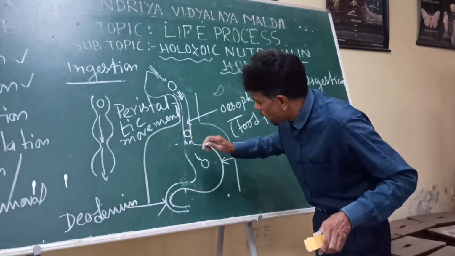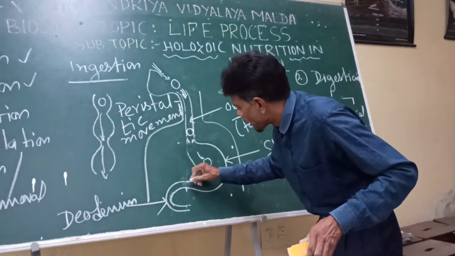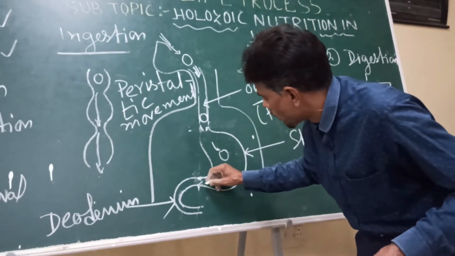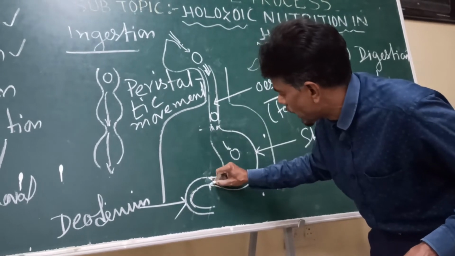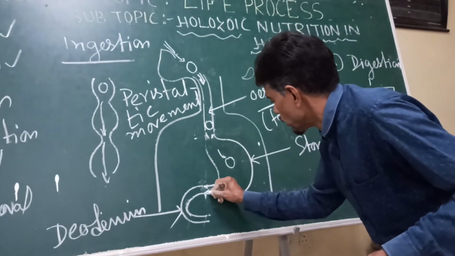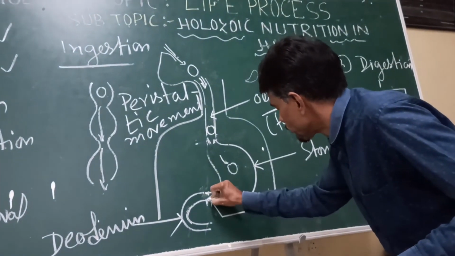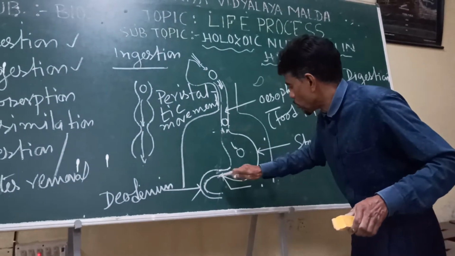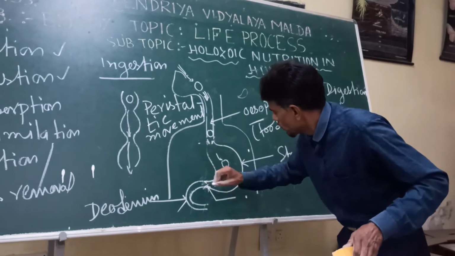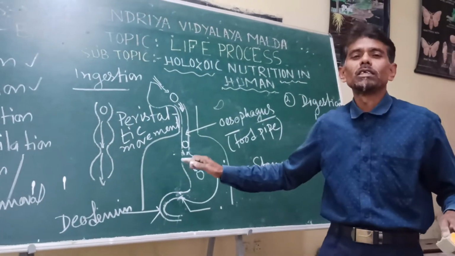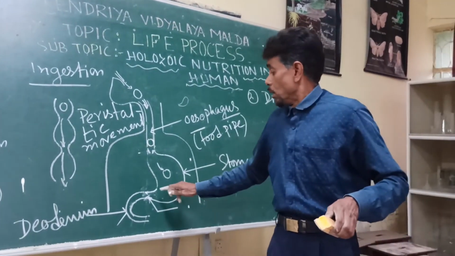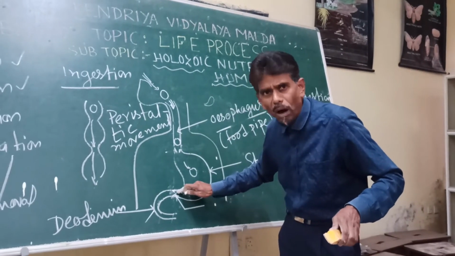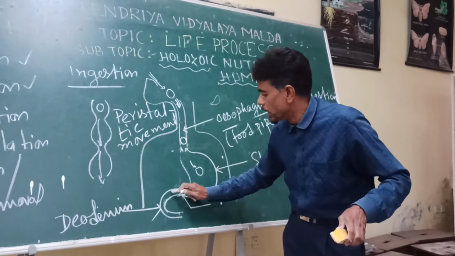The juncture of the pyloric stomach and duodenum is guided by a valve, rather a sphincter, called the gastropyloric sphincter, or simply the pyloric sphincter, which helps to allow the food in required quantity, not in bulk, into the duodenum.